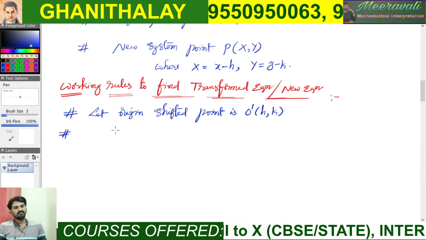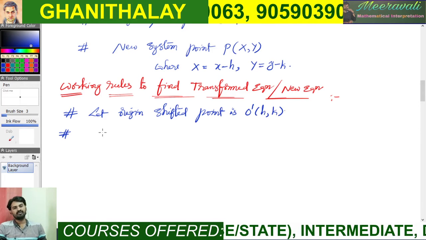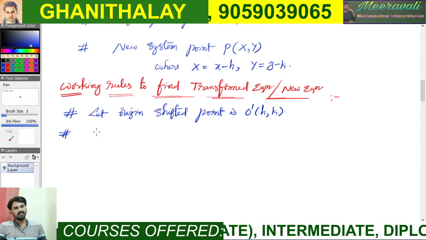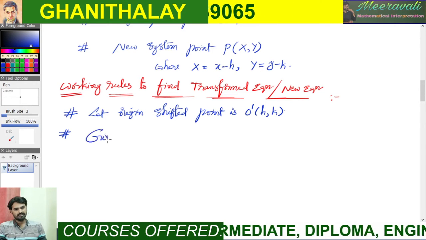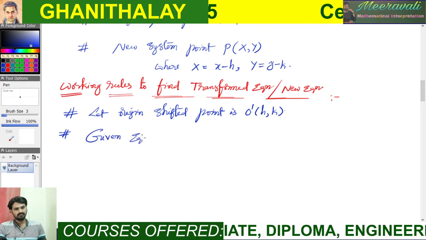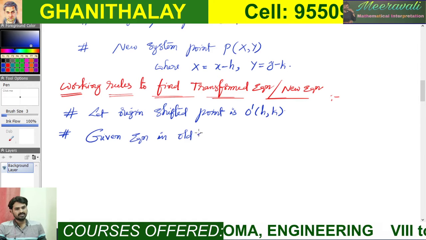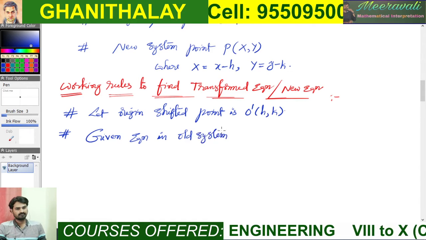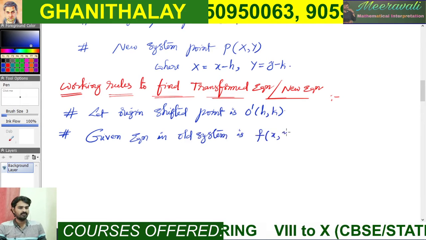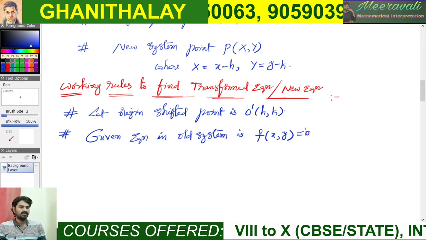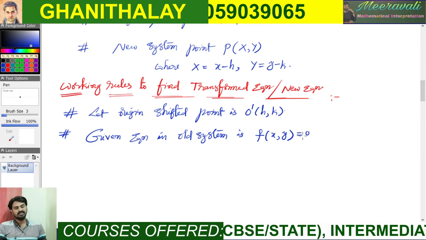The second one, so what we have to find in this one, new system equation we are going to find, but given problem has world system equation. Okay, so given world system equation is, that can be taken in terms of small x comma small y. Okay, so some equation will be given, you have to take in terms of small x and small y.